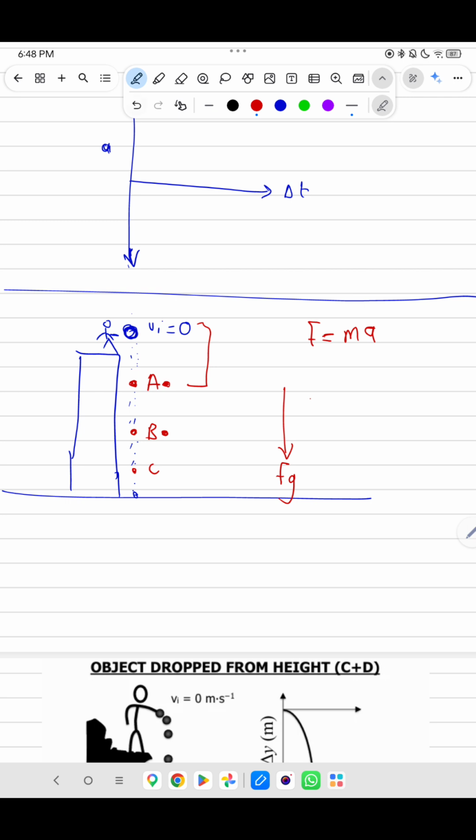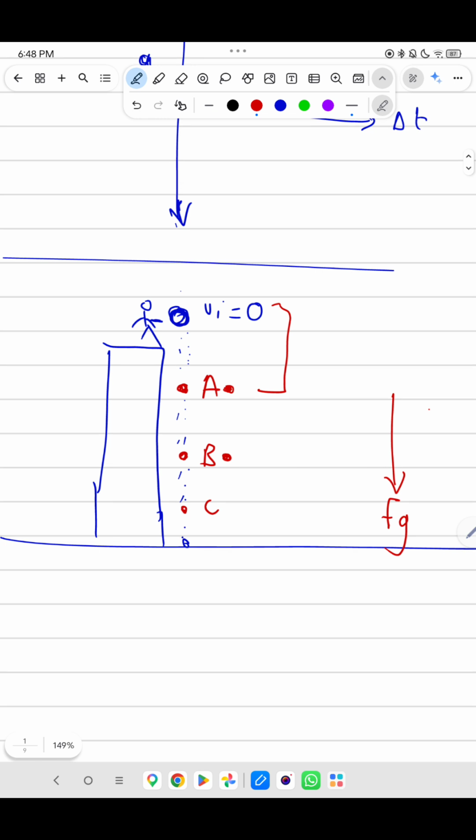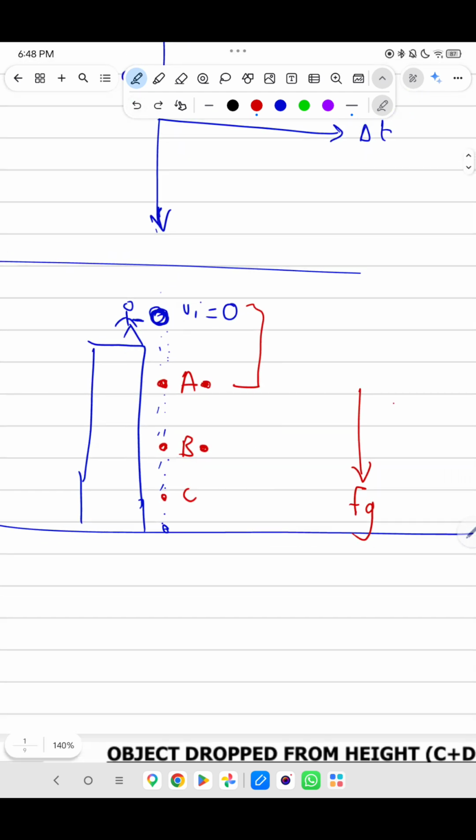So due to this force of gravity, once the ball is dropped, it will have an acceleration. That's the reason why its velocity keeps on increasing as it goes down. And this acceleration, we call it the gravitational acceleration because it is the acceleration due to gravity.